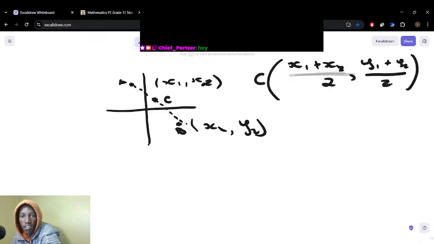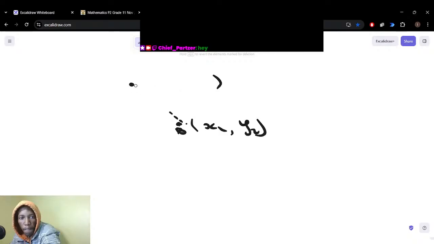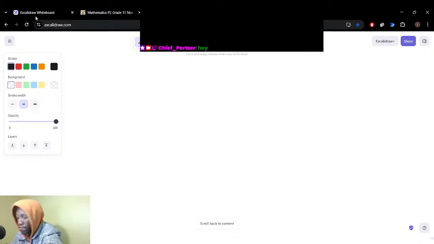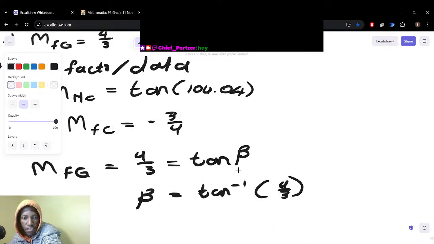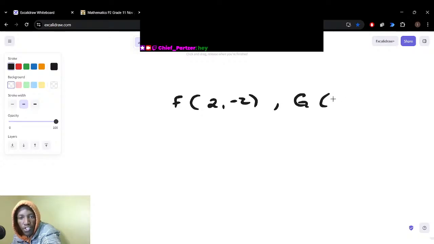So let's go on and calculate the coordinates of N. We know that N lies between point F and point G. We did not write their coordinates, but we know that point F is (2, -2) and point G is (5, 2).